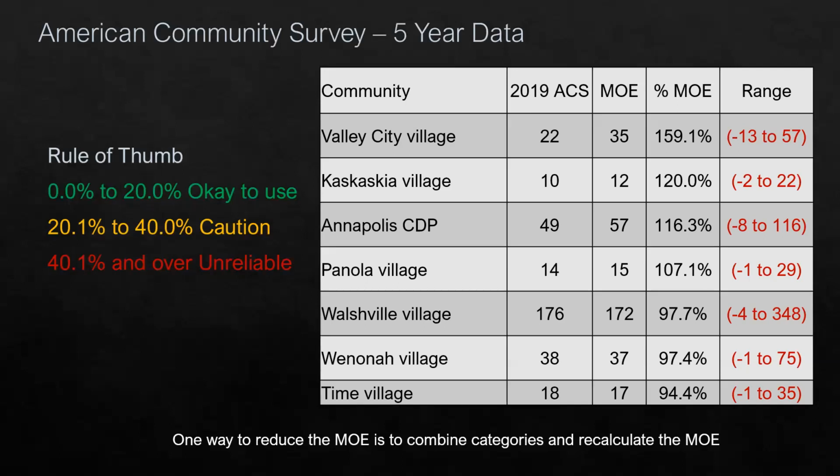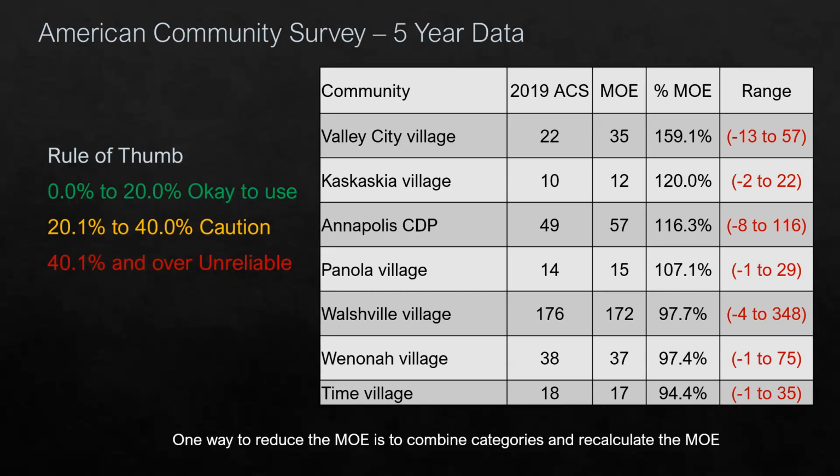And so on the left here, I have kind of a rule of thumb. So the green up to about 20% is okay. 20 to 40%, use caution. Don't use it if you don't absolutely have to, but sometimes we don't have a choice. If that's the only data you have, then that's what you have to work with. 40% and over are unreliable.